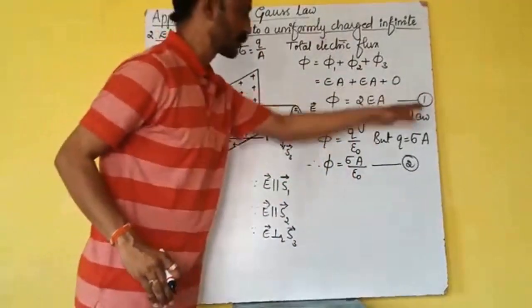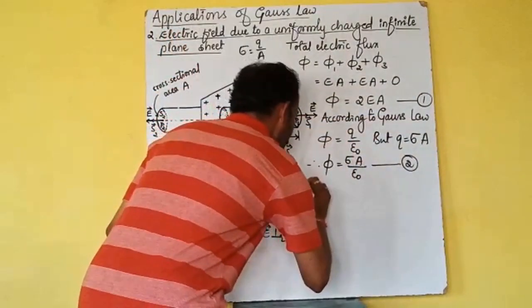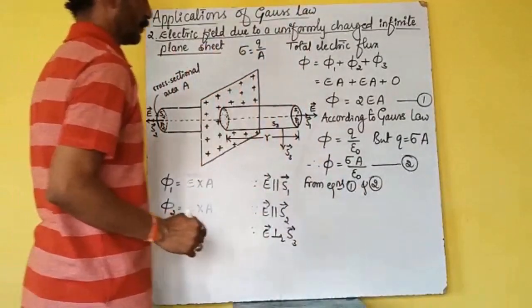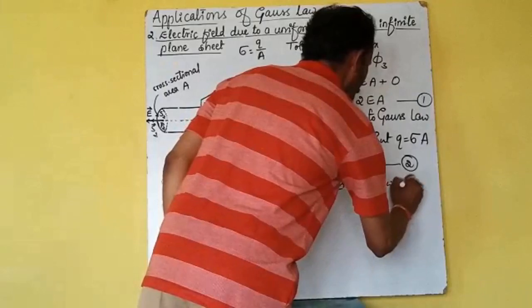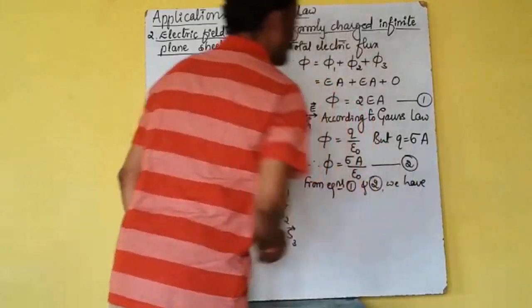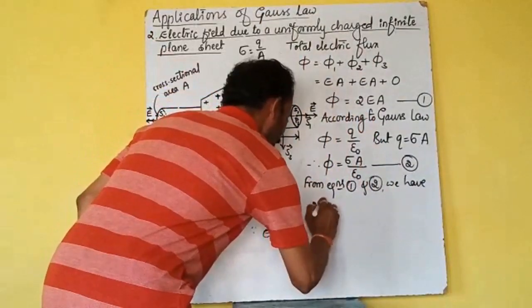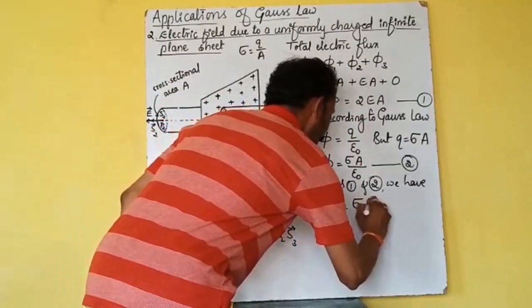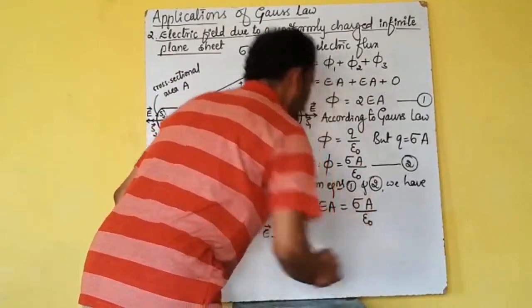Now from equations 1 and 2, we have 2EA equal to sigma A divided by epsilon naught.